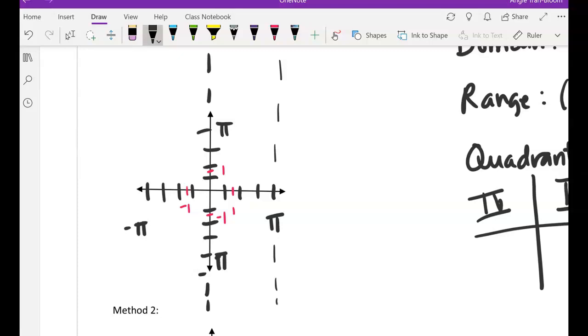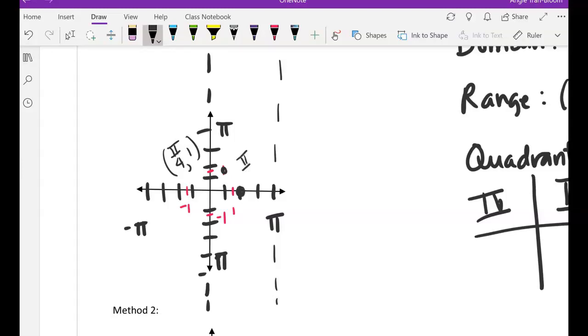Okay. The original has 3 dots. At pi over 4, how far up do we go? 1. Very good. So I'll label this dot pi over 4, comma 1. If I label it, you can easily switch it later. At pi over 2, where do we go for the original? 0.